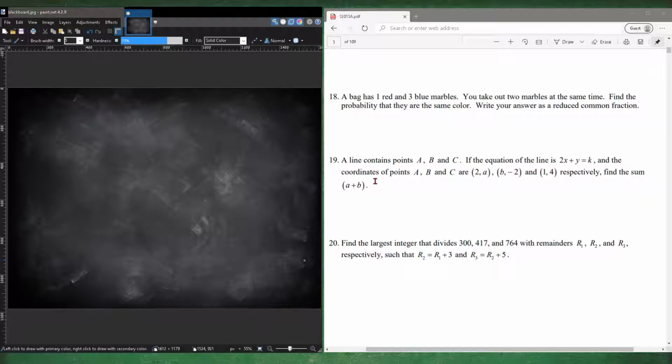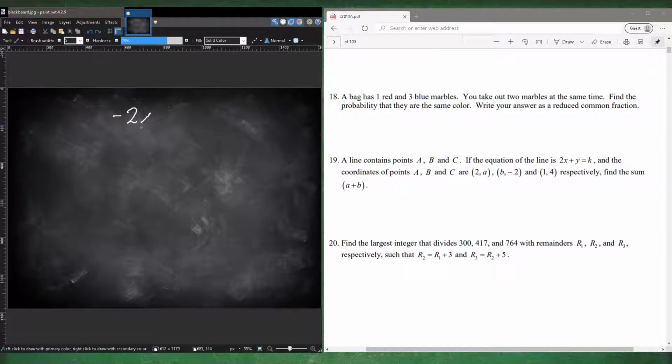Number 19. A line contains points A, B, C. If the equation of the line is 2x plus y equals k, and the coordinates of A, B, C are (2a, b), (-2, 1), (4, 4) respectively, find the sum a plus b. So we know 2x plus y equals k is the equation. So the slope is going to be -2, because if you move it to -2x plus k equals y, then our slope equals -2.